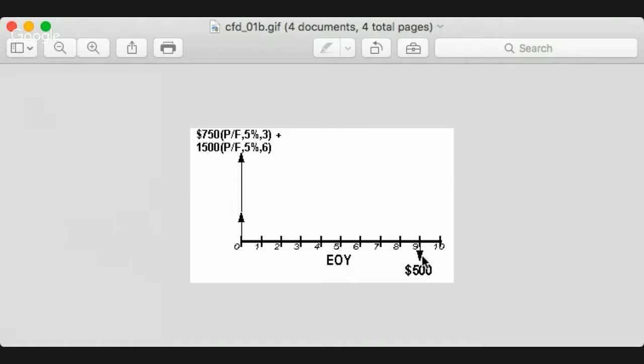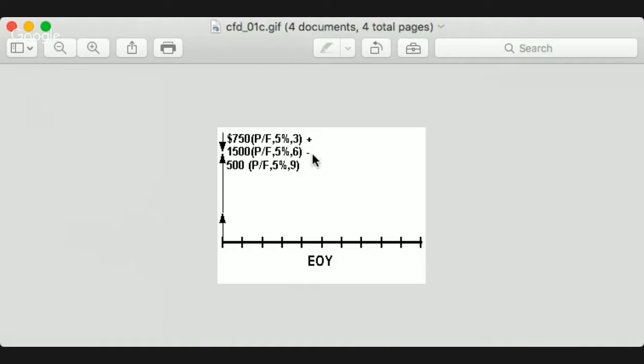And now we have this negative $500 out here at the end of year 9. And I'm pretty sure you know what to do. We would then subtract, because it's negative, $500 times P given F, 5% for 9 years, minus 500 P given F, 5%, 9 years. And we would put all those together, and we would find out what the total is for that cash flow diagram, those numbers.